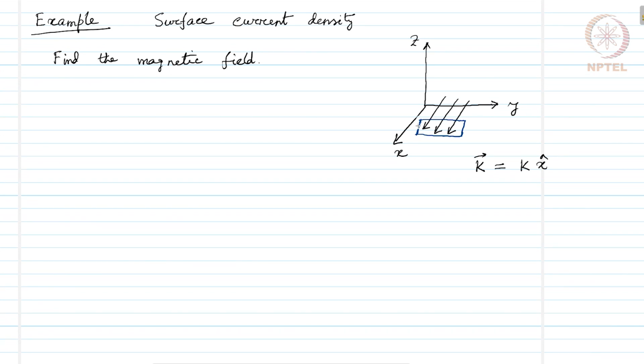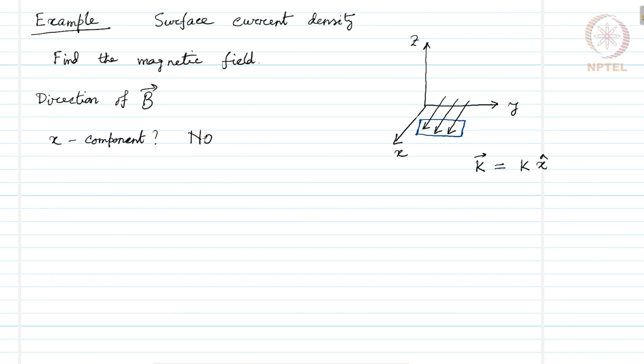What would be the direction of the magnetic field? Can it have any x component? X component is not possible because the current is flowing along x direction.